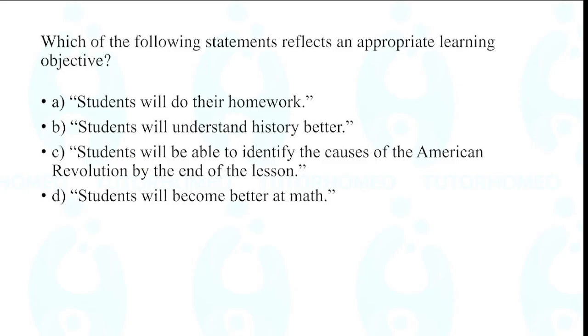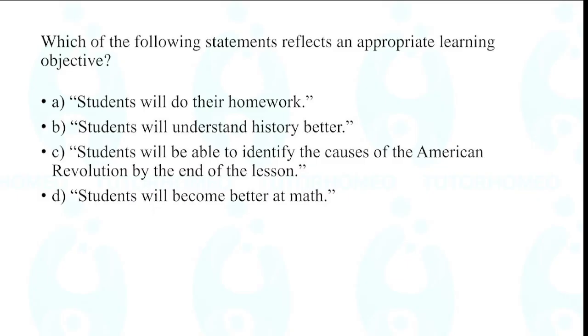This will be the last question probably. Which of the following statements reflects an appropriate learning objective? Students will do their homework? Students will understand history better? Students will be able to identify the causes of the American Revolution by the end of the lesson? Students will become better at mathematics? Which is the correct one?